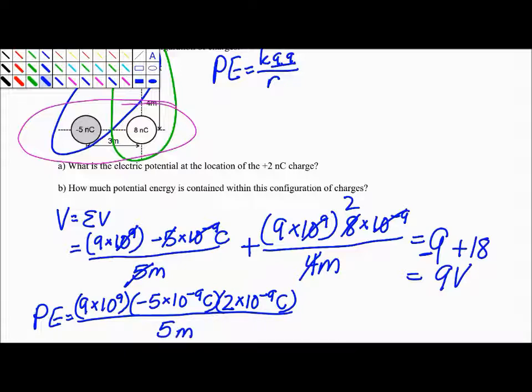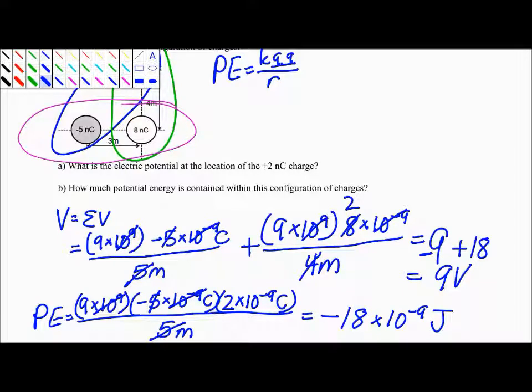All right, that's KQQ over R. And then I can find that potential energy. That cancels there. I get -18 times 10 to the -9 joules.